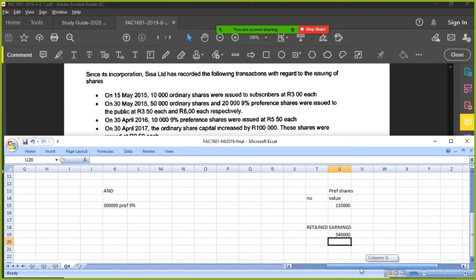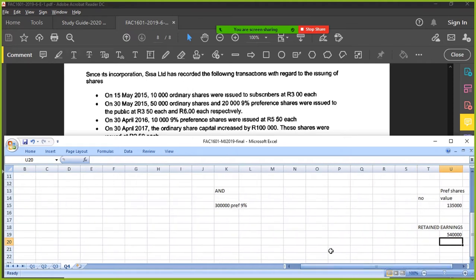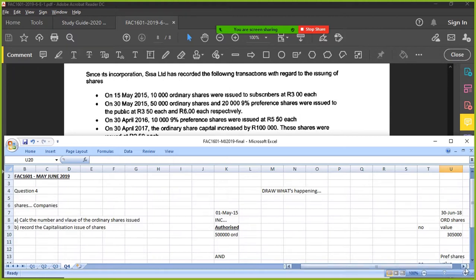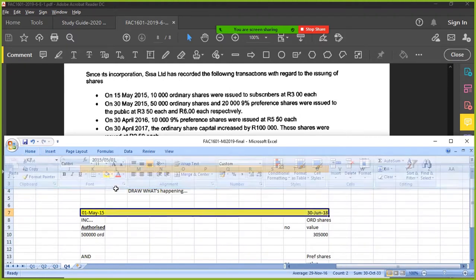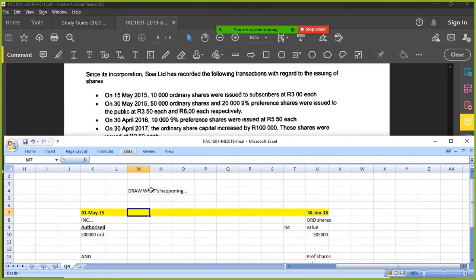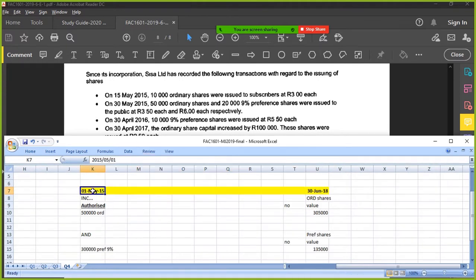Okay, so now we need to look at the progress from start to end. Where's the diagram? Here. So what happened on the 15th of May?